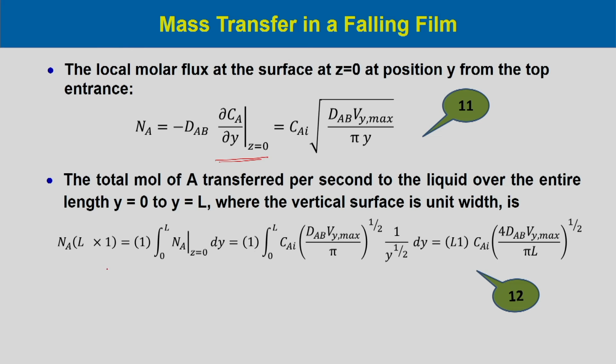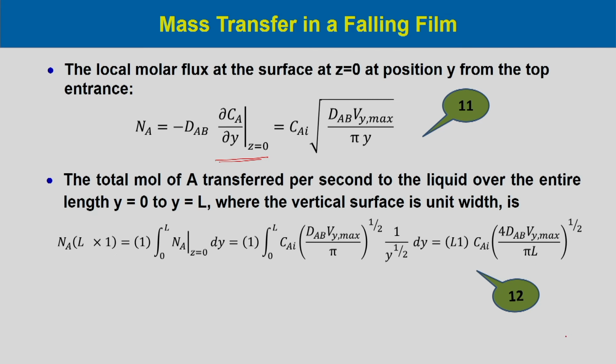N_A L into 1 would be equal to 1 integral 0 to L N_A at z equal to 0 dy, which is equal to 1 integral 0 to L C_AI D_AB V_y max by pi to the power half 1 by y to the power half dy, which is equal to L into 1 C_AI 4 D_AB V_y max by pi L to the power half.